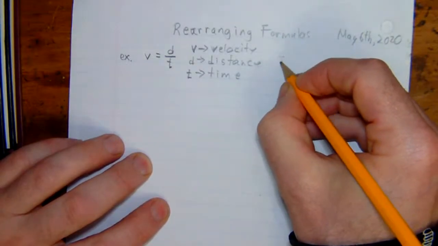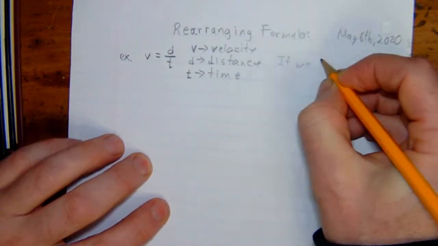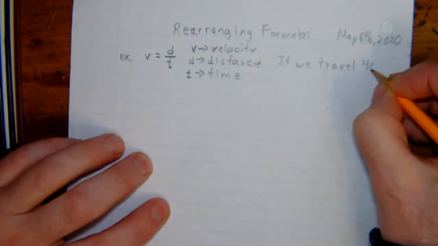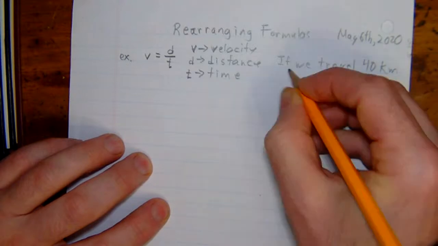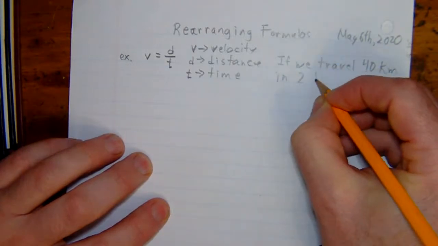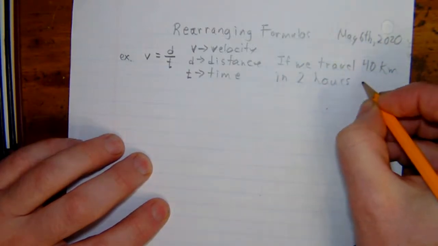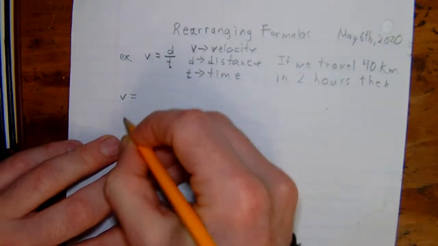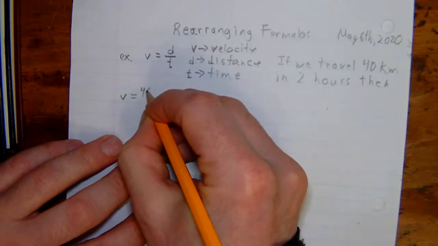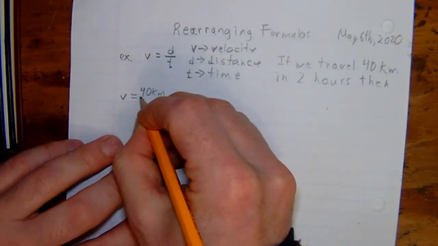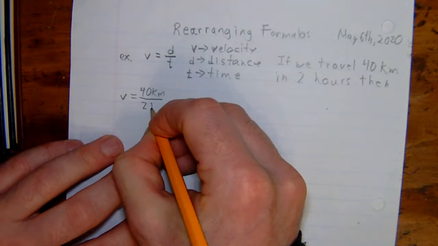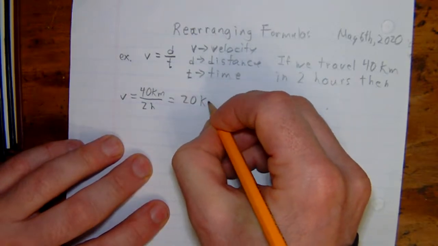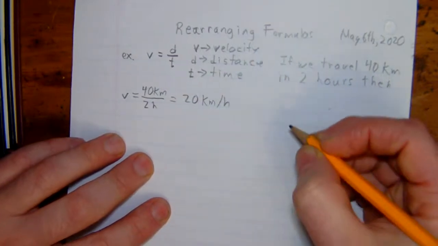So if we travel 40 kilometers in 2 hours, then v, our speed or our velocity, is 40 kilometers, our distance, divided by our time, 2 hours, which equals 20 kilometers per 1 hour.